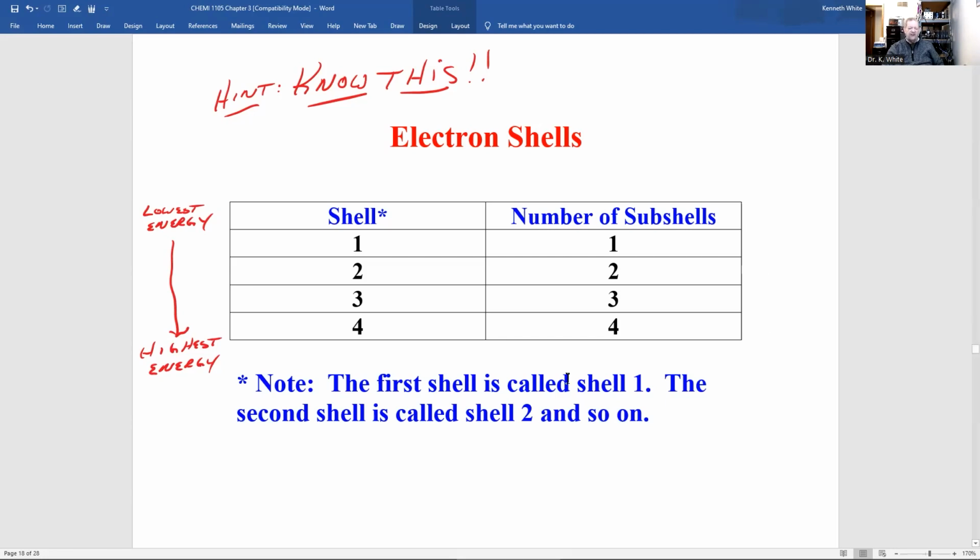Now, as I mentioned yesterday, I have cut down, not eliminated, the amount of memorization for this class because I want to test you on your knowledge of chemistry, not on your knowledge of chemistry and your memory. Those are 2 separate things.